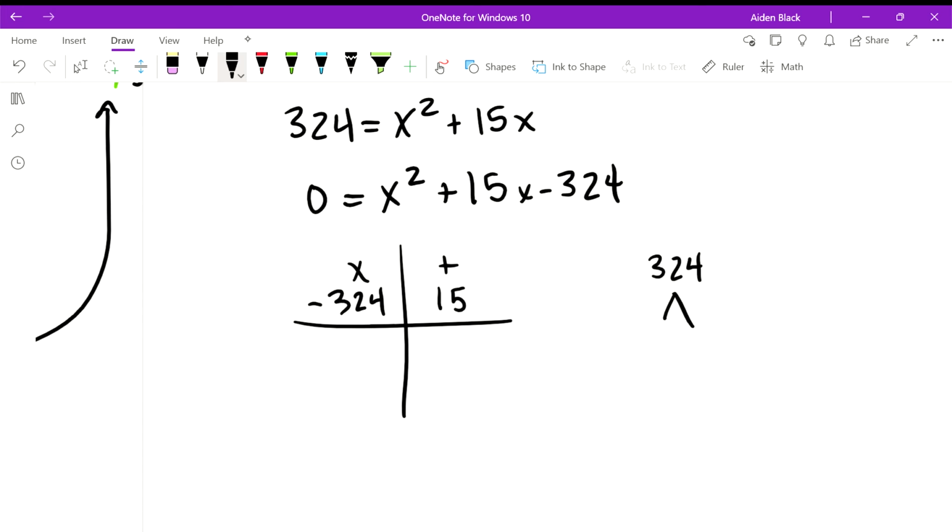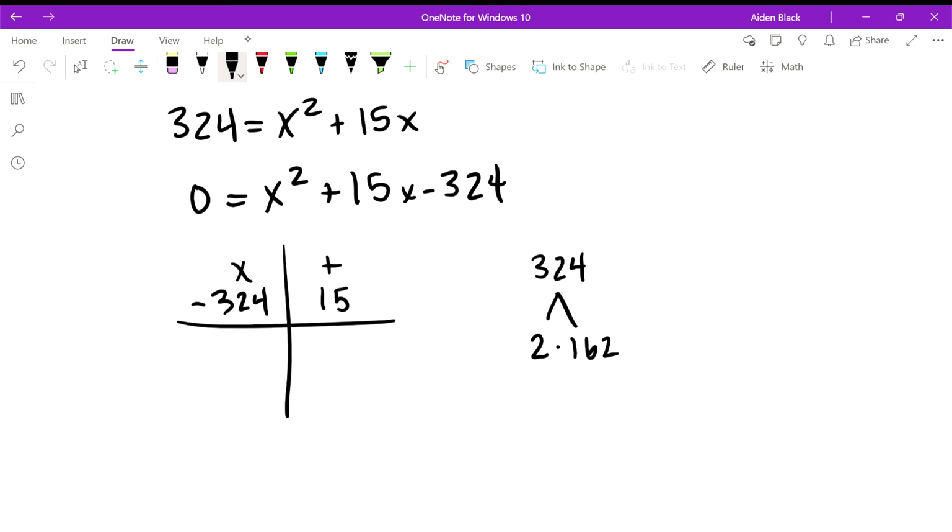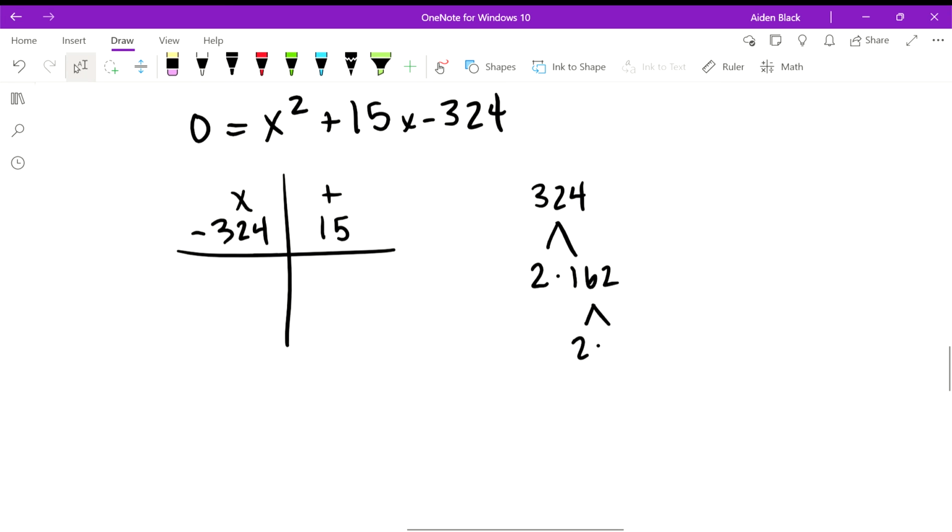We know that 2 times 150 plus another 12, that's 162, times 2 equals 324. We can break this down into 2's as well. That would be 81. 81 times 2, correct.